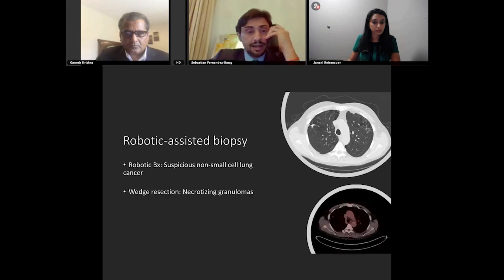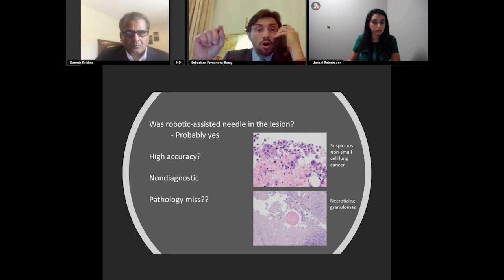Next case, as you can see, that right upper lobe lesion, we did a robotic assisted biopsy, and the result was suspicious for non-small cell lung cancer. So the patient underwent wedge resection, and actually the final pathology was necrotizing granulomas. So was our robotic assisted needle in the lesion?